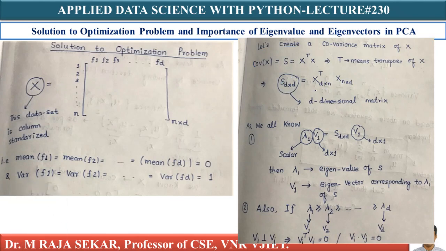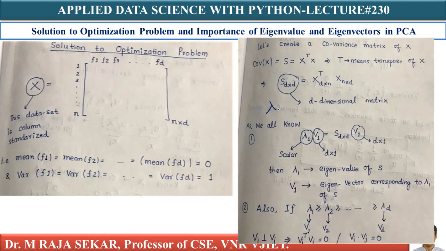Eigenvalues and eigenvectors. You might have learned how to calculate eigenvalues and eigenvectors in your primary classes. For the time being, I will discuss how one can calculate them in my future classes. Just assume my eigenvalue is represented by lambda. Let me say there is a D by D matrix.